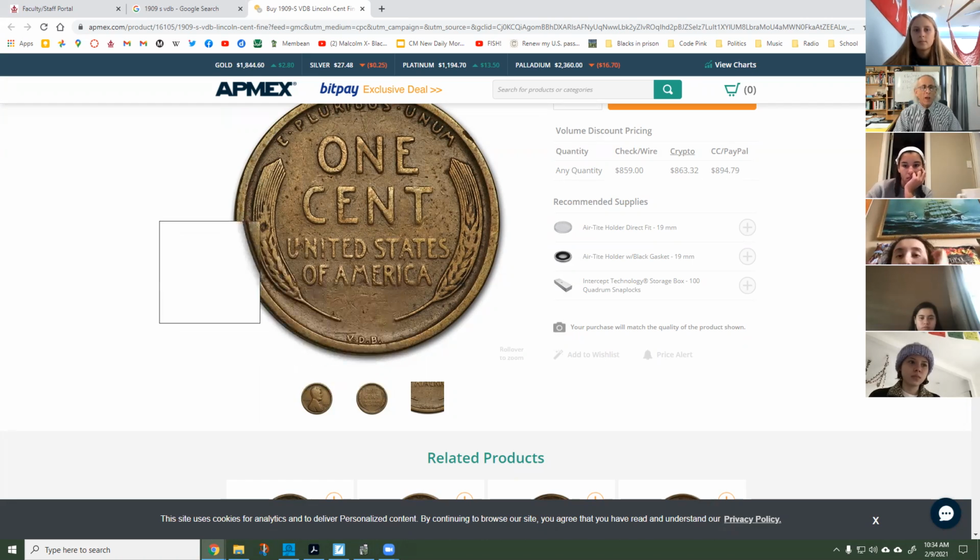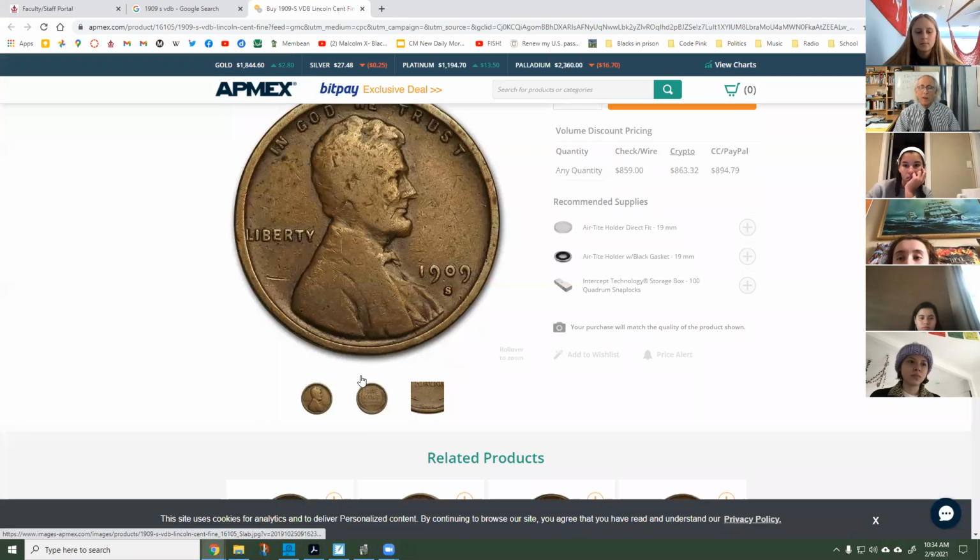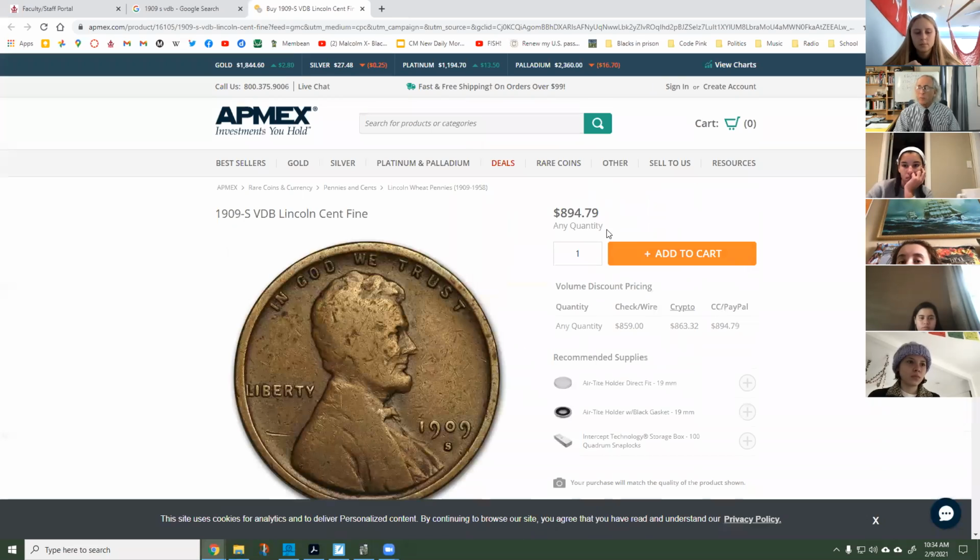Yes, this is a 1909 SVDB, and this particular penny is worth almost $900. So it's a very valuable penny. It's like the second most valuable penny if you're a penny collector. And I used to collect pennies. The way I got this 1909 SVDB was my great grandma had this little bag of change when she died, and we went into it and there was this 1909 SVDB. So it's a very, very valuable penny.